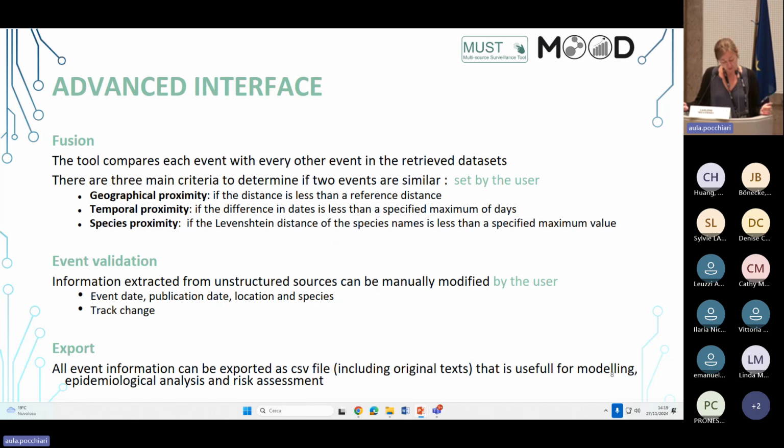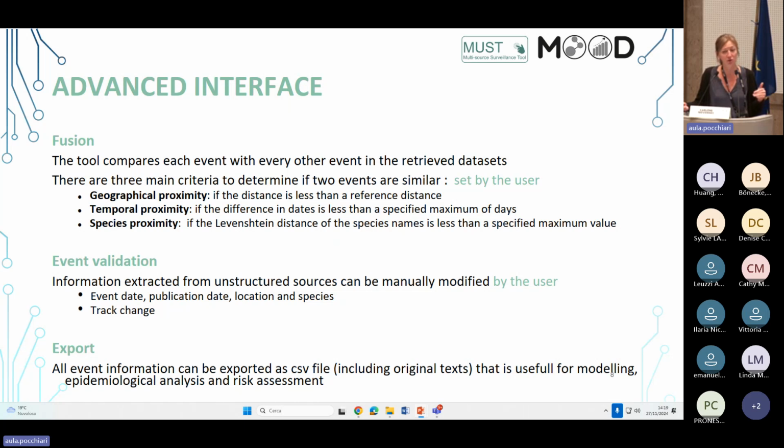The third component of the advanced interface is the event validation. This fully automated tool extracts automatically the information from the text, but with the advanced interface, we can check manually the event date, the publication date, the location, and the species.